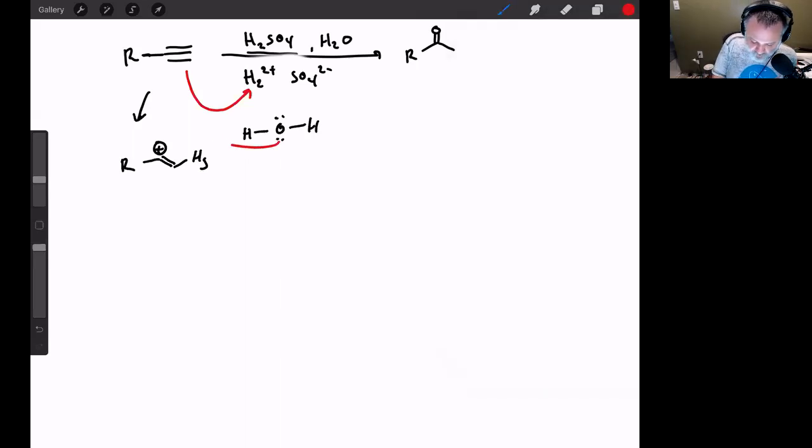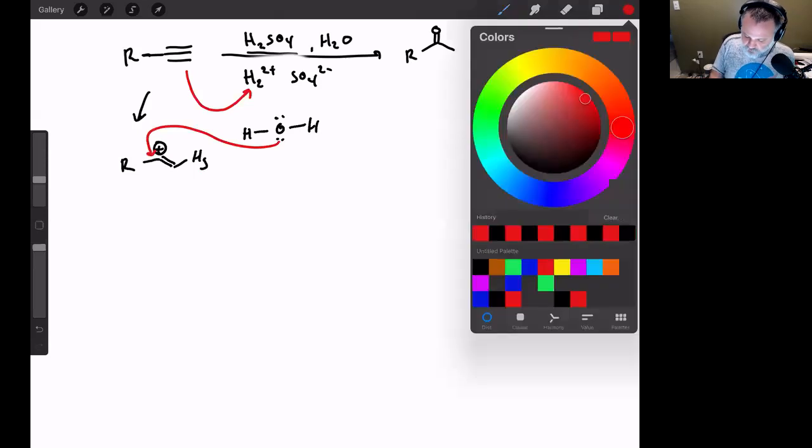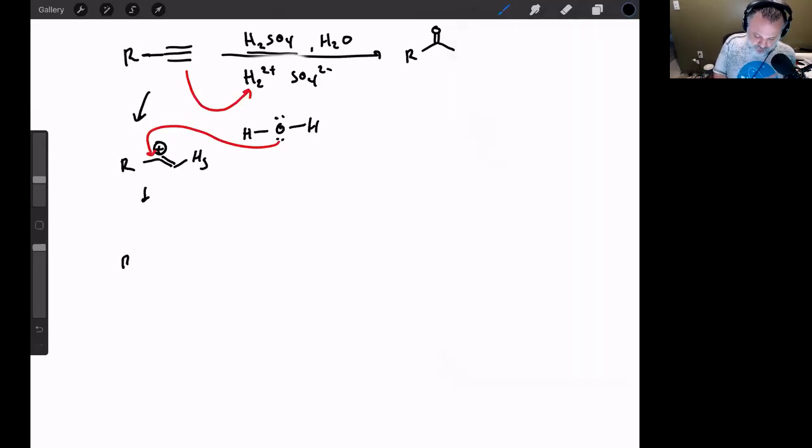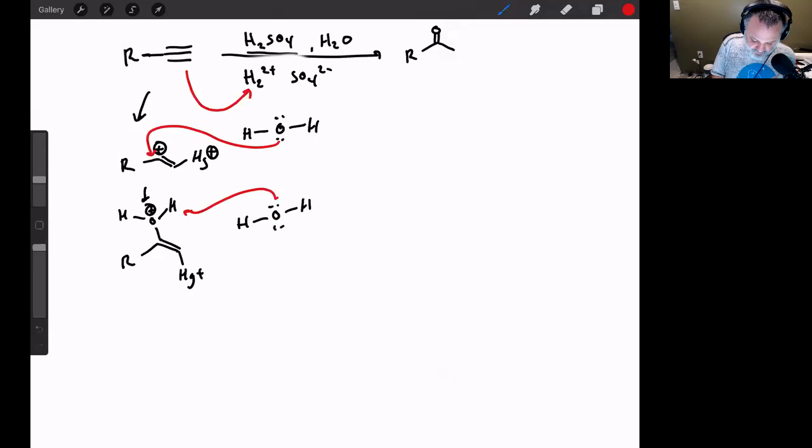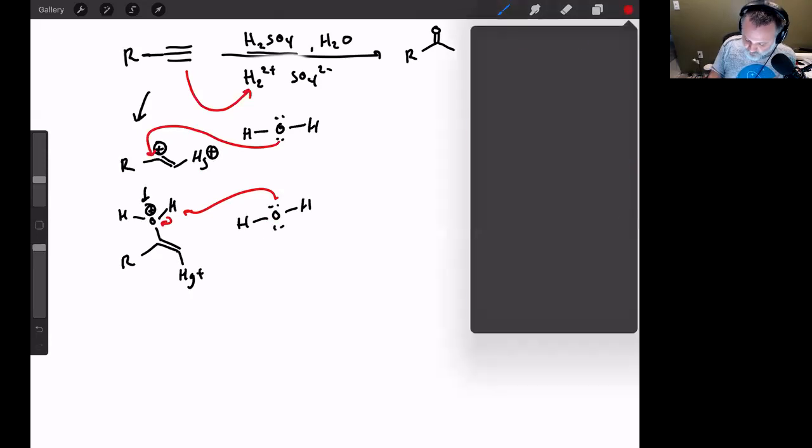And then water comes along and attacks that location. And then another water that's in the solution comes along and deprotonates to form what is almost an enol.